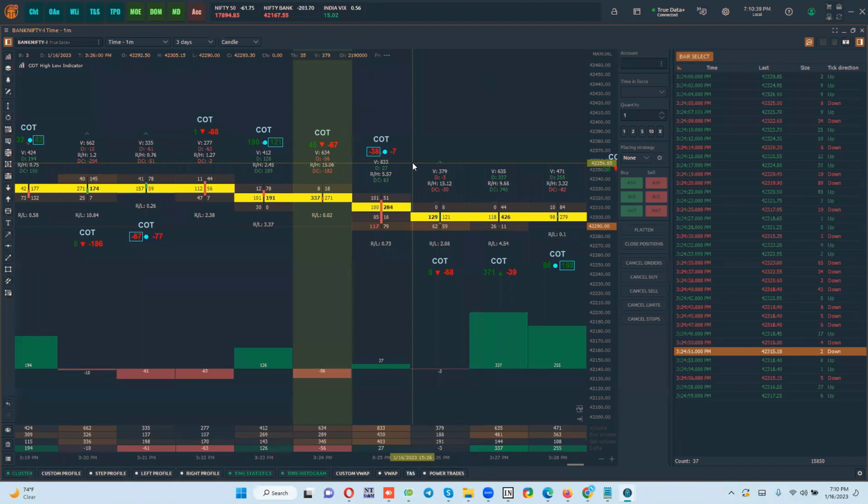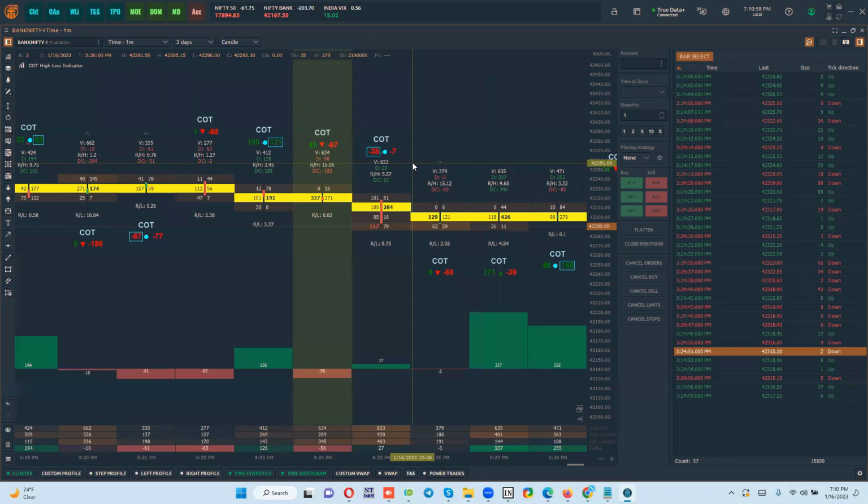And that particular report is published on every Friday. The data is lagged by almost 3 days because the data is from Wednesday till Tuesday, published on a Friday evening.